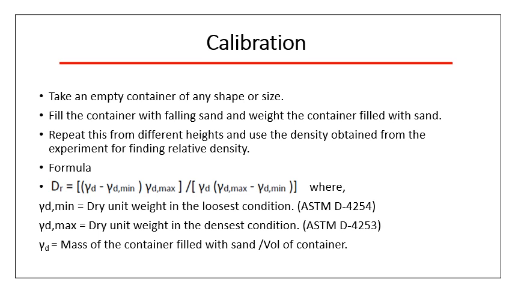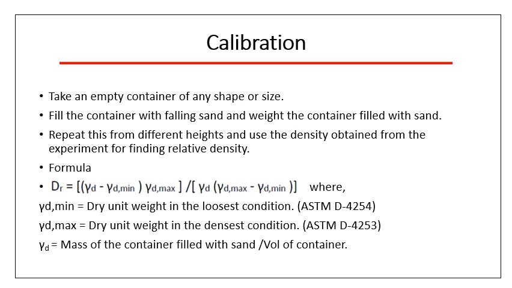The procedure for calibration is also quite easy, but first of all, let's focus on the term calibration. What is calibration basically? Let's assume from which height I can get which density. These questions are answered by the calibration. So calibration involves first taking an empty container of any shape or size.